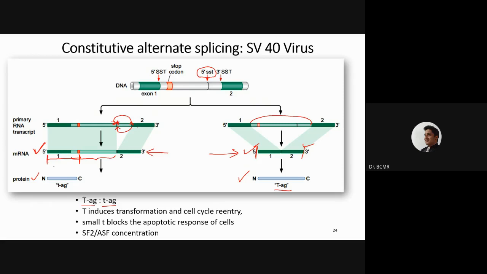In the small t antigen one, the reading frame is small because there is a stop codon that is in frame with exon 1. Whereas in the capital T one, you have a start codon to stop codon. Although the mRNA is small, the reading frame is larger, which is what gives rise to a protein.